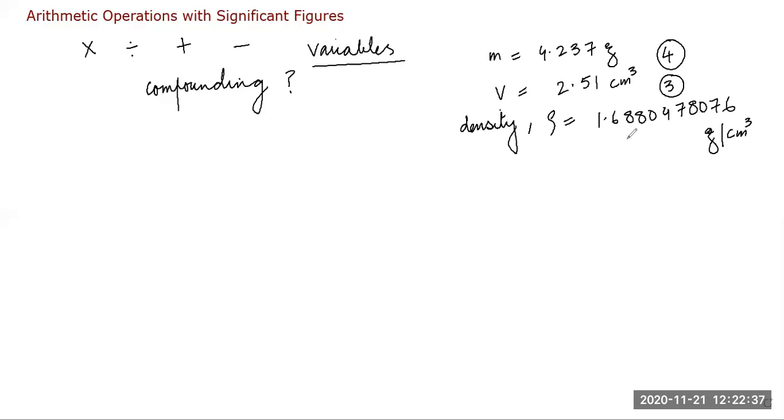Now it is absurd to report the value of density in so many digits. In fact, it has 1, 2, 3, 4, 5, 6, 7, 8, 9, 10, 11 significant figures. Not useful. Now we have to define some rule. How many significant figures or how many decimal places must be there in the compounding result?